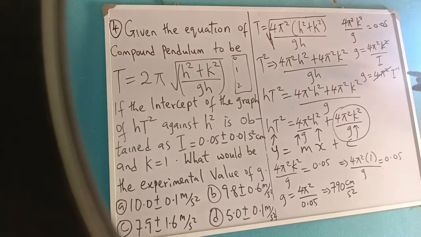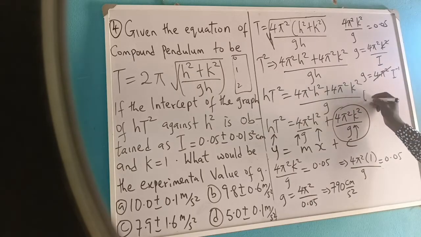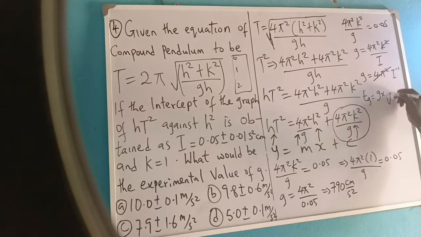And so you use the standard error of G to solve it. So using the standard error method, I will say that error in my G is equal to G times square root of the power, minus 1, times error in I all over the I itself.